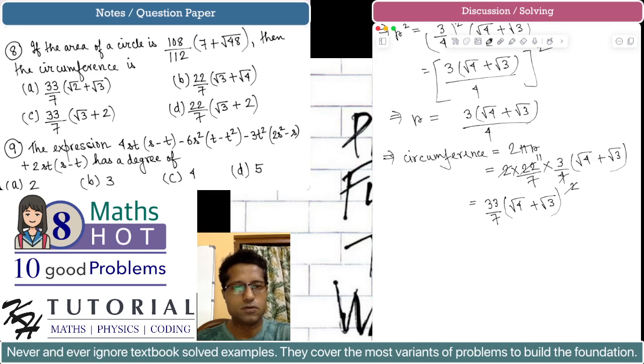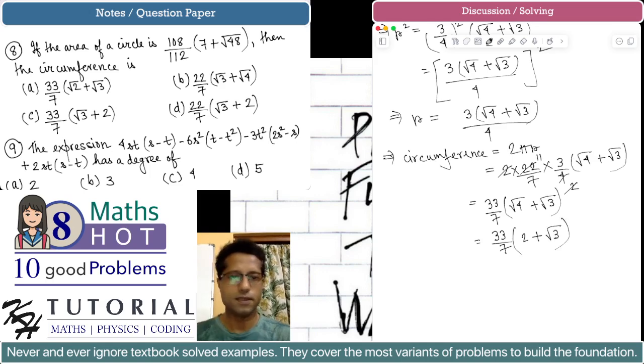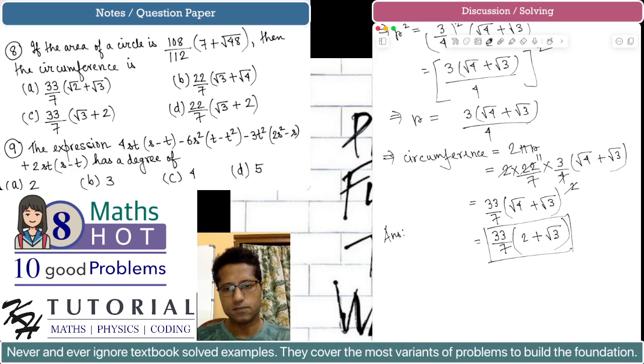So square root of 4 is 2. So this is equal to 2 plus square root of 3, and hence the correct choice, this is the circumference, the correct choice is C. C is the correct choice.